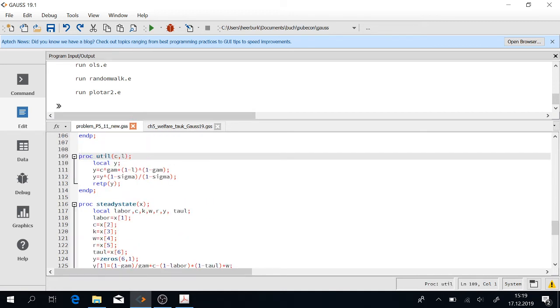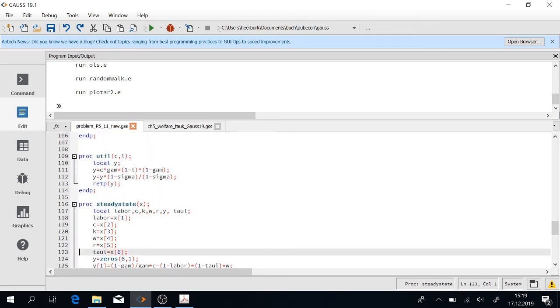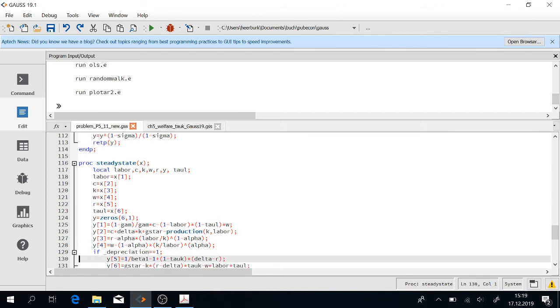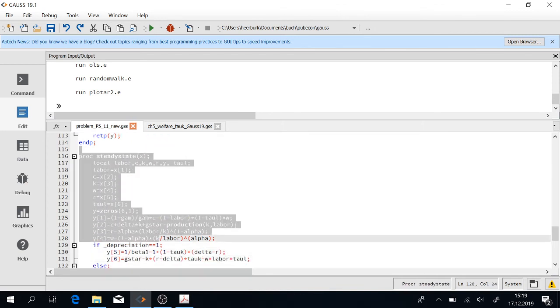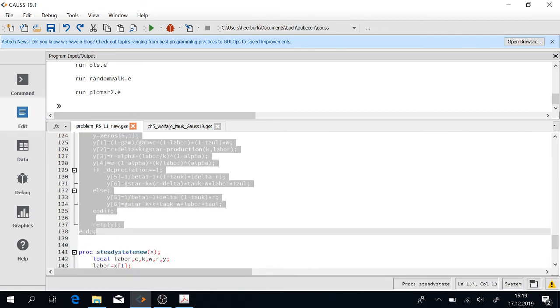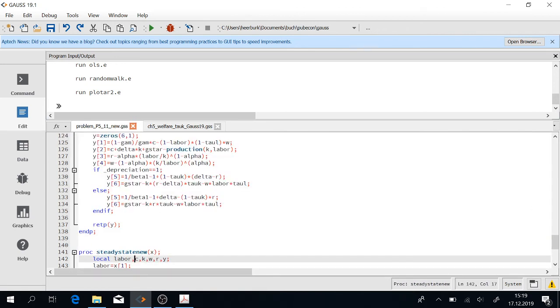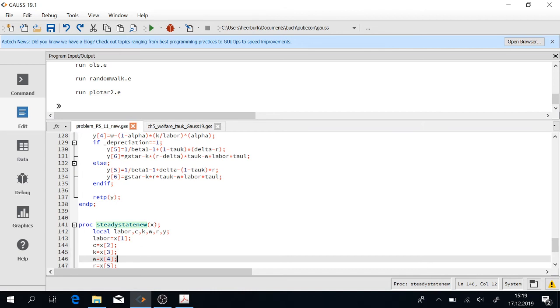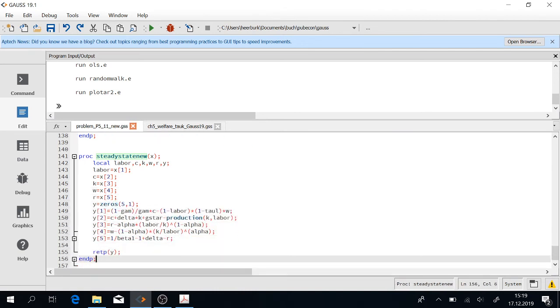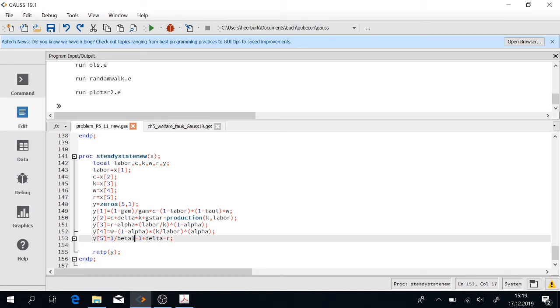Next, we notice that we have to supply a new endogenous equation system for the steady state. So therefore, we just copy the old one, steady state, copy it, and rename it as the procedure with a new name, steady state new, for example. This is now an endogenous system in 5 equations, and the only thing we have to adjust is our Euler equation here, where we set tau k equal to 0.